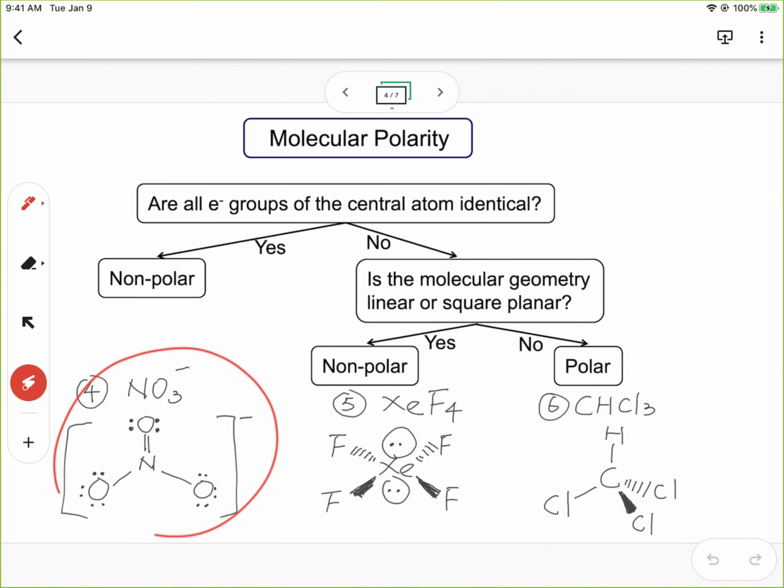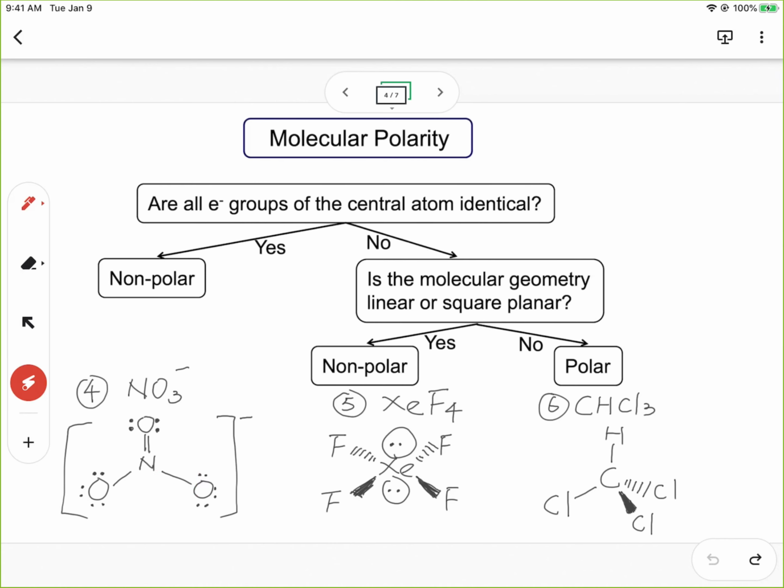First one, the nitrate, NO3 minus, and this is the Lewis structure of this molecule. As you can see, the geometry is trigonal planar. Are all electron groups of the central nitrogen identical? Well, here's the thing. For this particular structure, it looks like you have a double bond here, single bond here, so it looks like they are different.